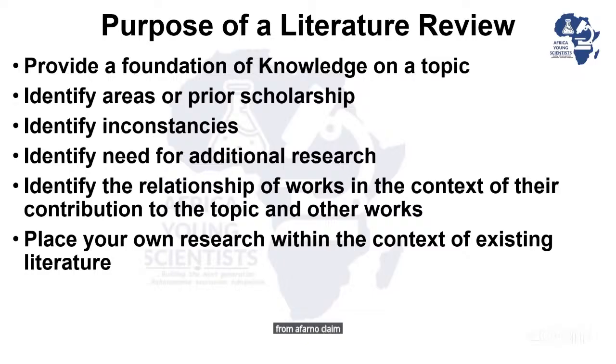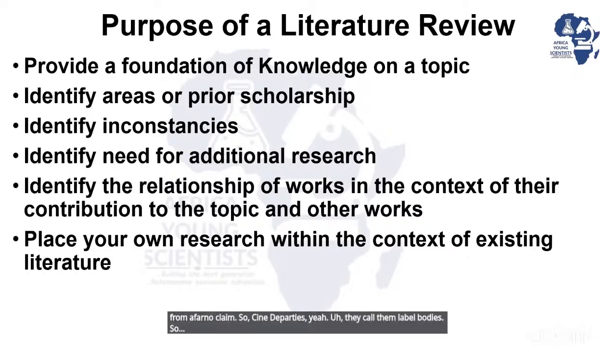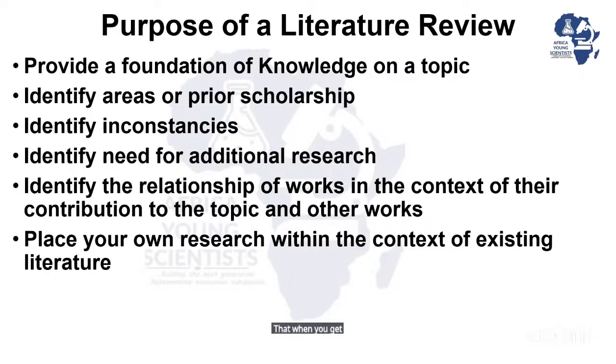So, synucleinopathies. They call them Lewy bodies. So when you get this alpha-synuclein and it enters into the neurons, it mimics what is found in the human brain. So, like a model of Parkinson's.